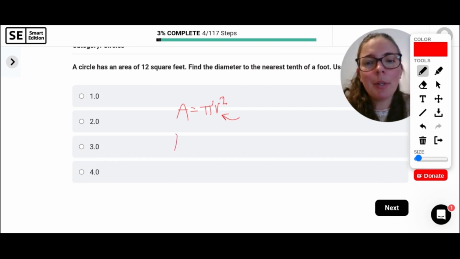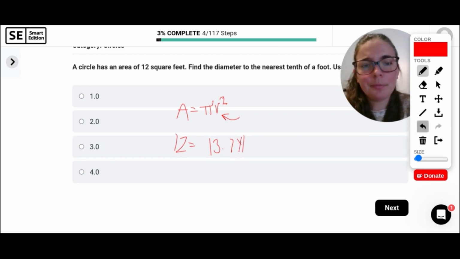Let's plug in what we know. Area is 12. Told us to use 3.14 for pi. And then, oops, sorry, that came out a little messy. Let me try that again. 3.14 for pi, and then the radius squared. So first thing we want to do is divide by 3.14. So we will find that our radius squared is equal to about 3.785.